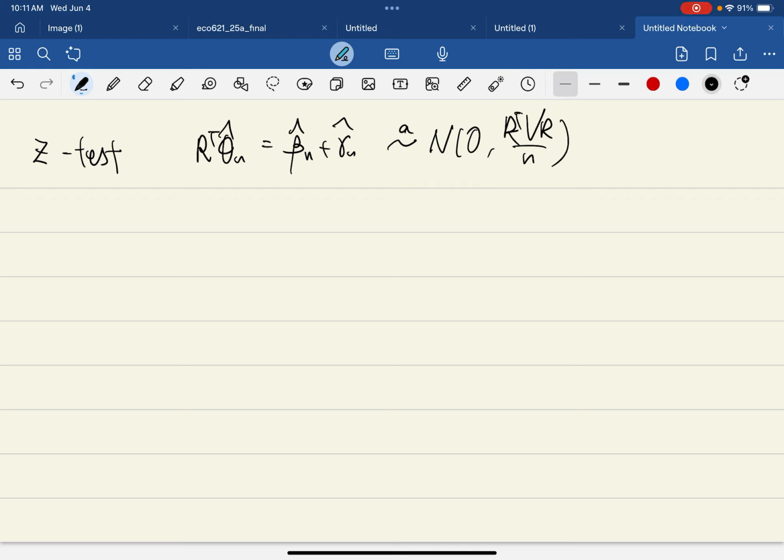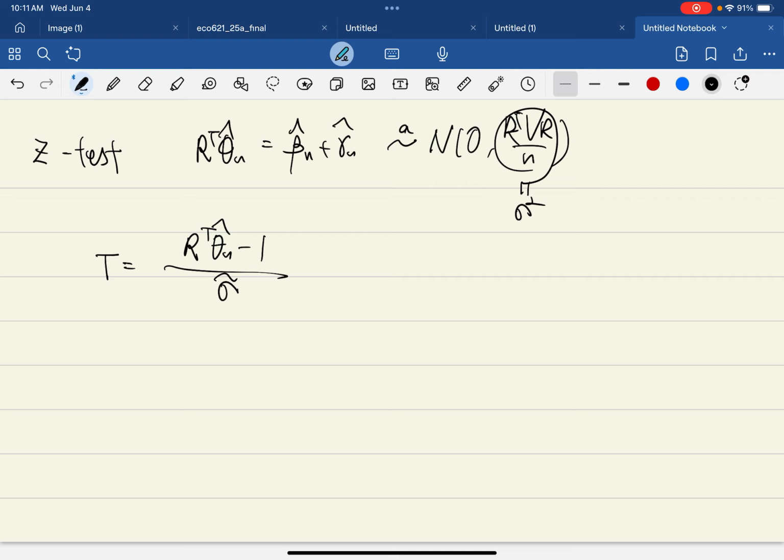So then that means, let's simply call this sigma squared, okay? So that means you can use a test statistic like this, sigma hat.